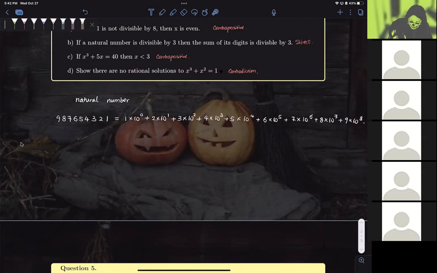So for any natural number, you can write it in this way. Okay?